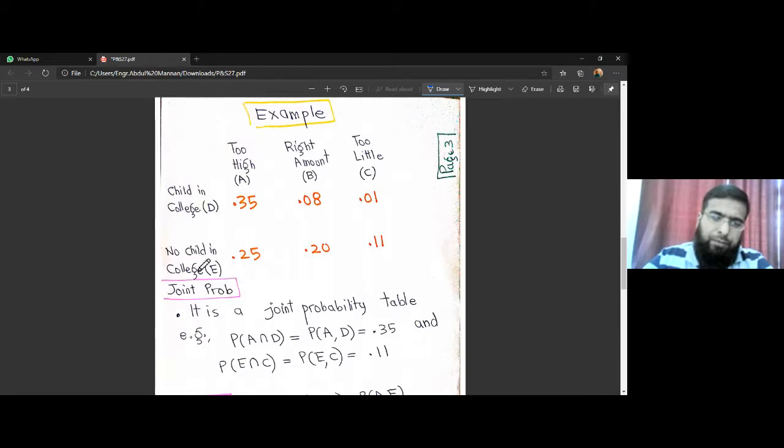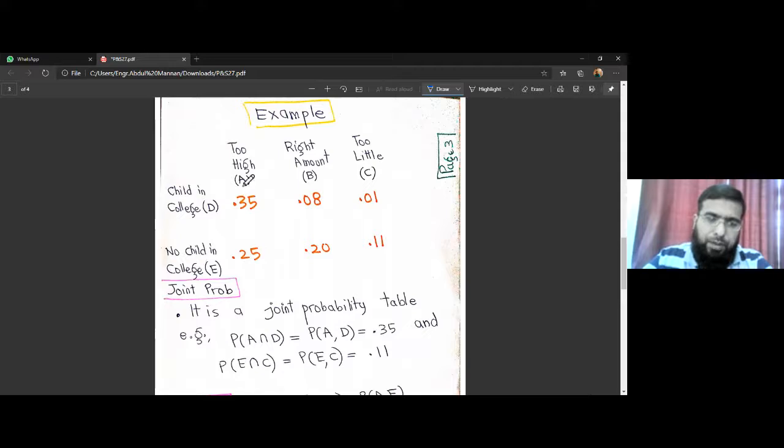They have to tell us whether the fee is very high, or the fee is right for them, or the fee is too low, too little. So in the first row we have parents who have a kid in college. In the second row we have parents who do not have a kid in college.